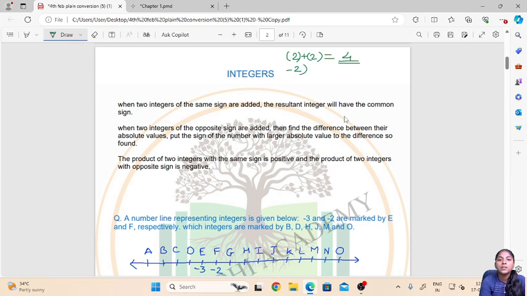Another example is -2 plus -4. Here also, when two integers of the same sign are added, the resultant integer will also have the common sign. So -2 and -4 will give us -6.